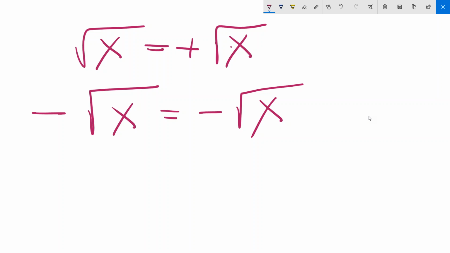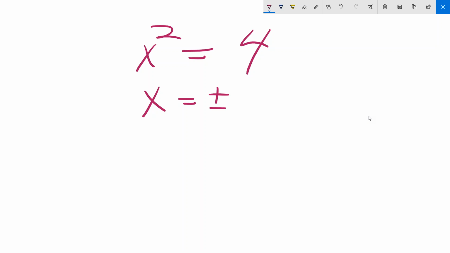Not to be confused with solving this equation. How do you solve that equation? You square root both sides. So x equals what? Plus or minus the square root of 4, correct? Yeah.